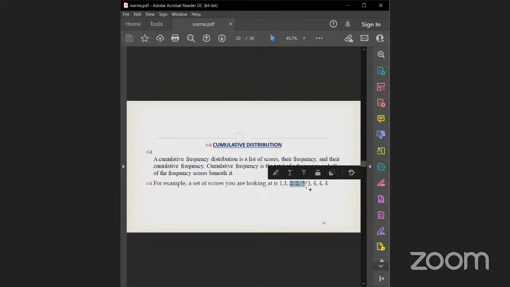So the cumulative distribution of the class interval up till 2.5, my cumulative frequency is going to be 5. Right? This is a basic understanding of statistics. This is something I want you all to keep in mind, because we are going to use this when we are trying to calculate our percentile score and percentile rank.